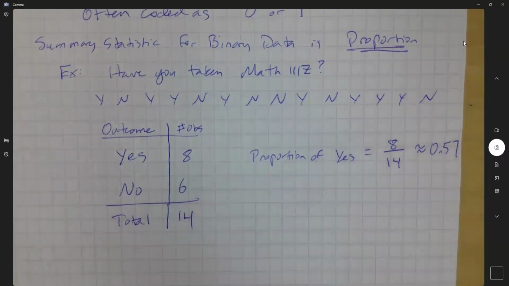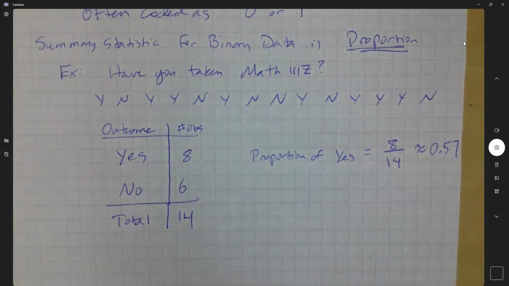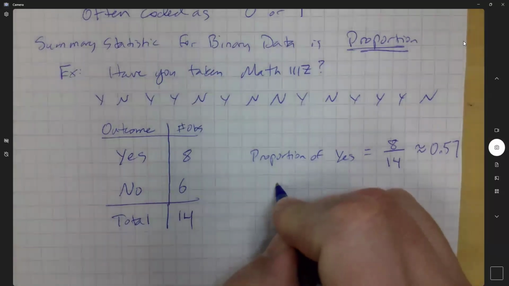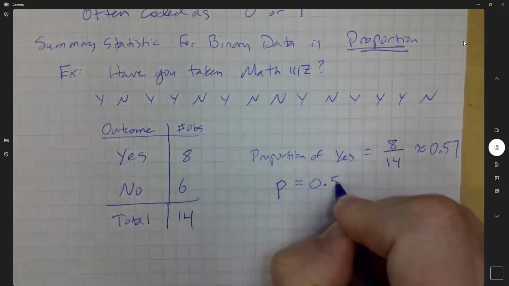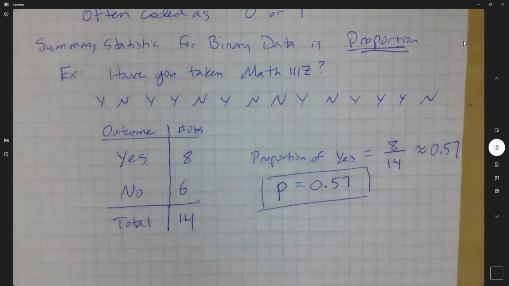And in statistics, statisticians just love shortening from words to single letters, whether they're in English or Greek. The single letter for proportion is the letter P. So P equals 0.57. That is a summary statistic right there.